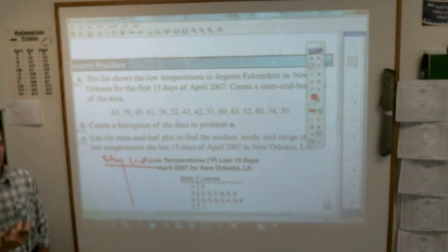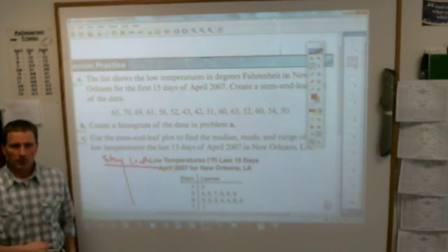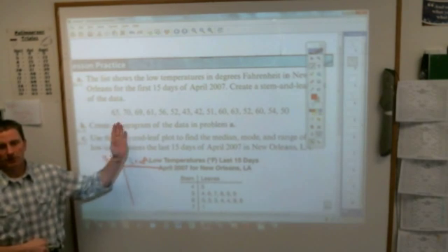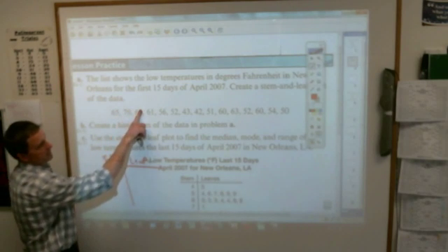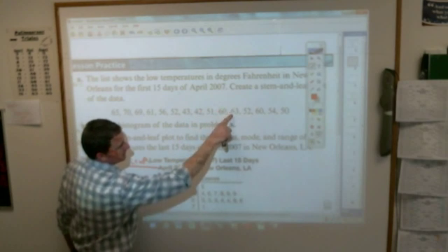Again, knowing the leaves are the last digits, what digits am I gonna have for my stem? How many different digits do you see fall in front of the last digits? That's a 6, right? That's a 7, 6, 6, 5, 5, 4, 4, 5, 6, 6, 6.